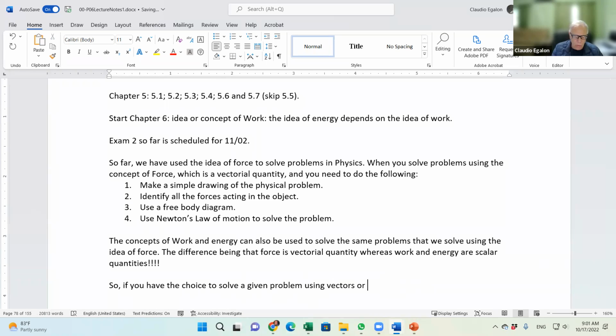Or using scalars, what do you think is going to be easier for you, right? Think about that.